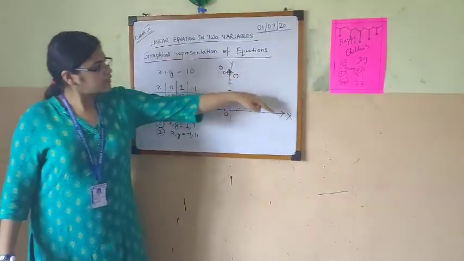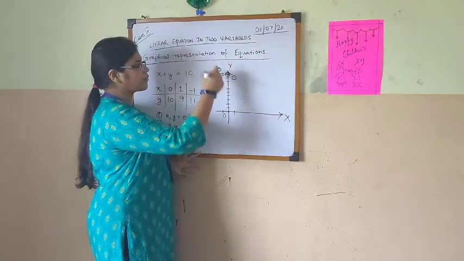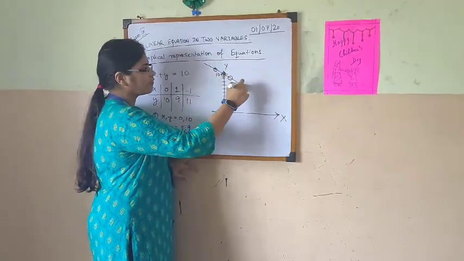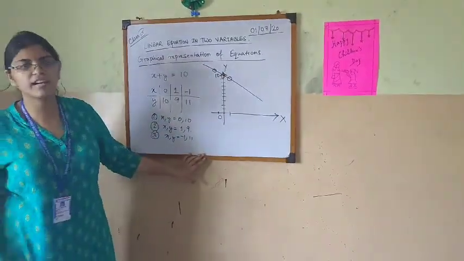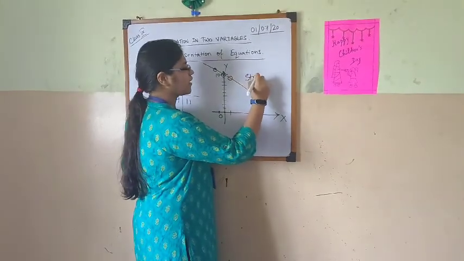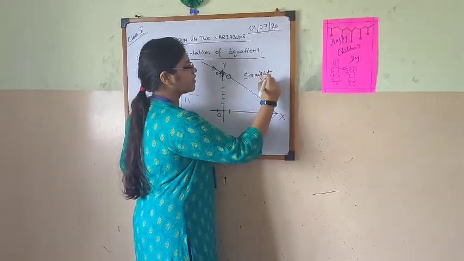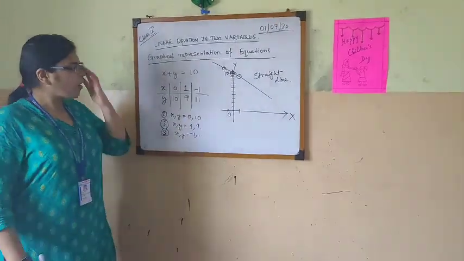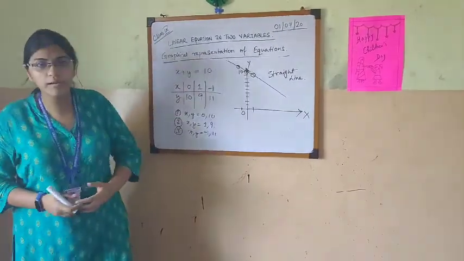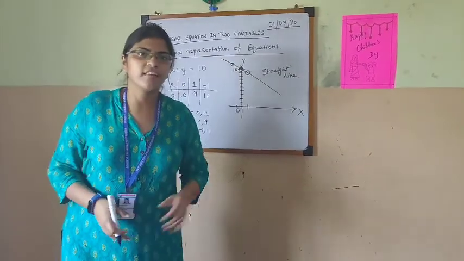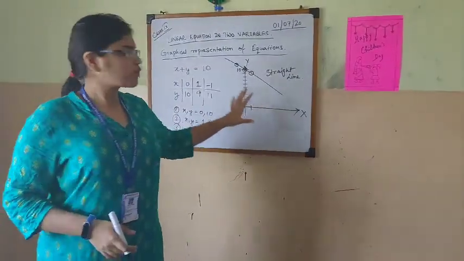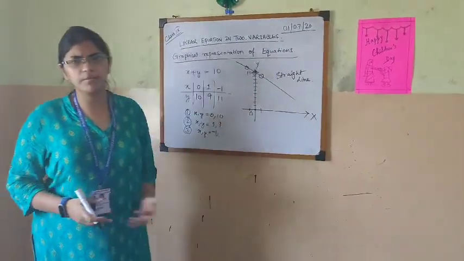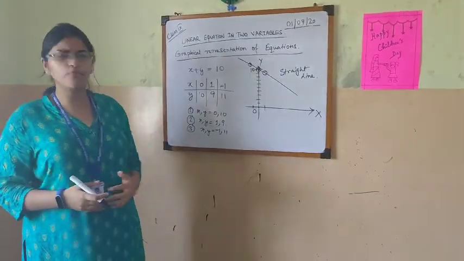If we plot these points and join them, we will see that we get a straight line. In this way, whatever linear equations in two variables we plot, we will get a straight line in each case. We will take some more examples by solving exercise 4.3.